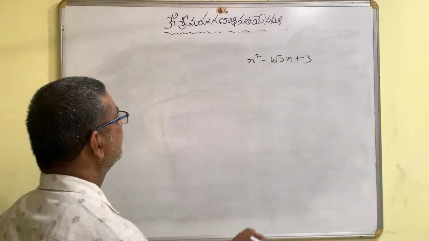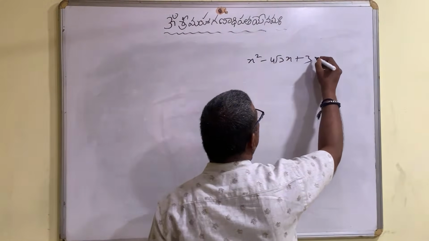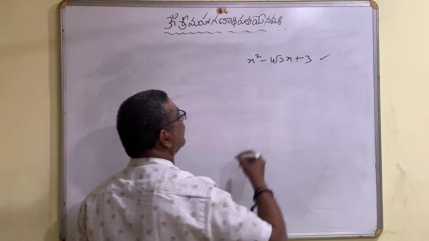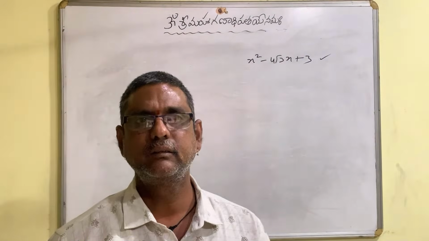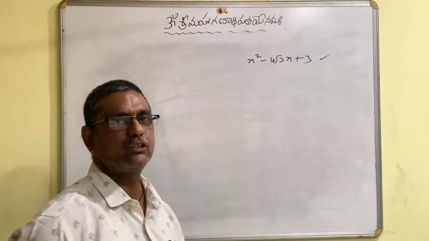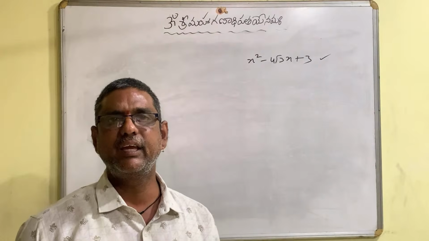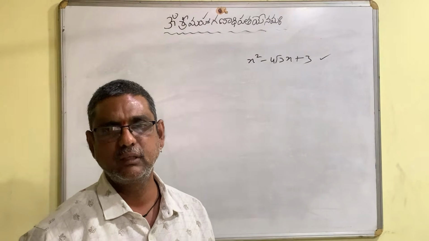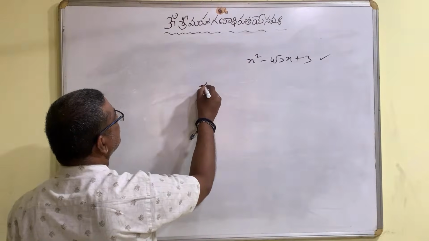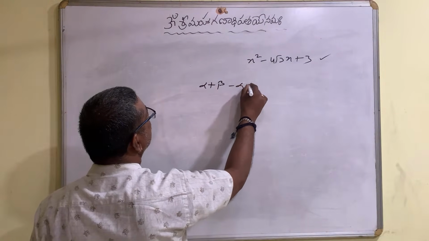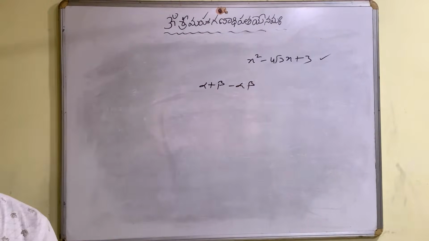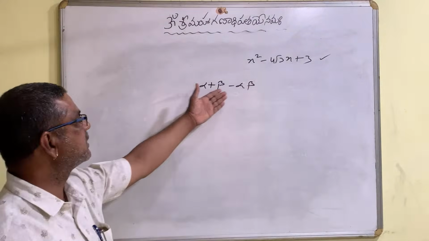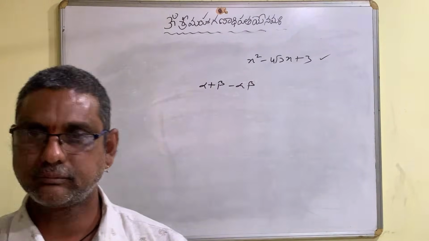See, given alpha and beta are zeros of this polynomial, is that right? He is not asking for the zeros. He is asking us to find this value: alpha plus beta minus alpha beta.